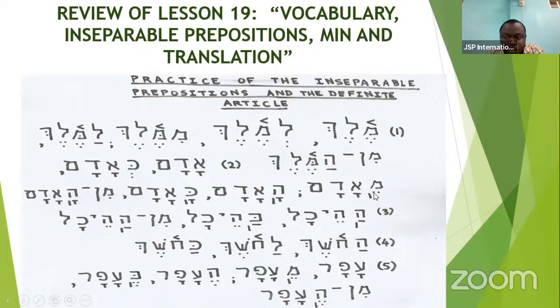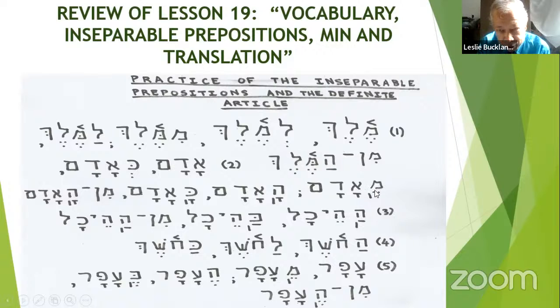Now, how would you translate this one? Me atham. From a man. Okay. Would you like to explain what happened here? How come we have 2 dots here, side by side, instead of 1 dot under the mem?